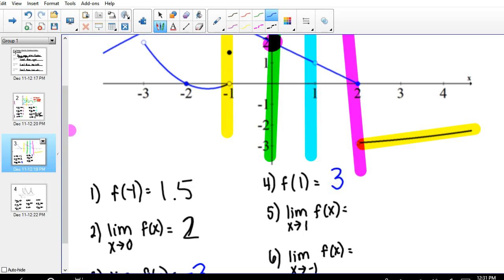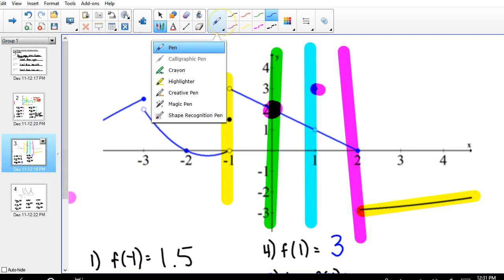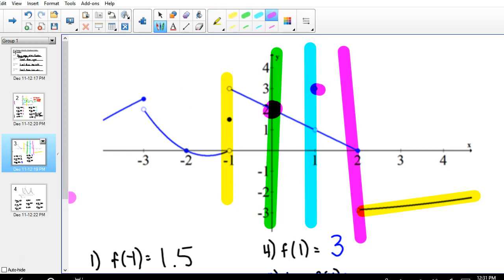Now, if we're looking at that same place that I have highlighted in blue, at x equals 1, now ask for the limit as x approaches 1. So if I were to look at that graph, and I'm looking as I approach from the right, what's the y value that we approach? 1.